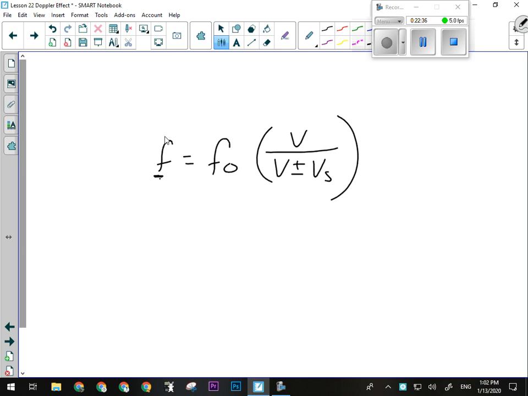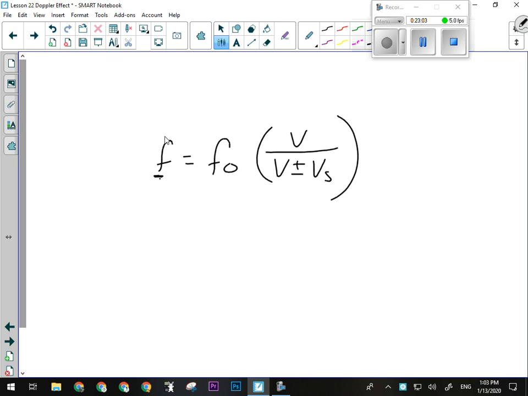All right, now manipulation. You're going to have to be able to manipulate this formula. It looks really complex, but in actual fact it's not. If I want to solve for fo, how do I manipulate this equation? Divide by the brackets.